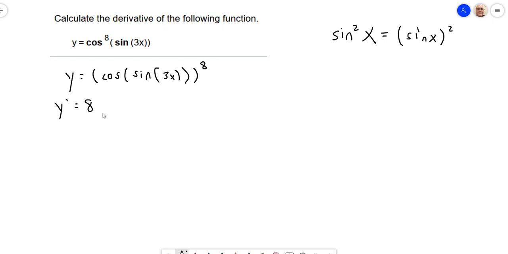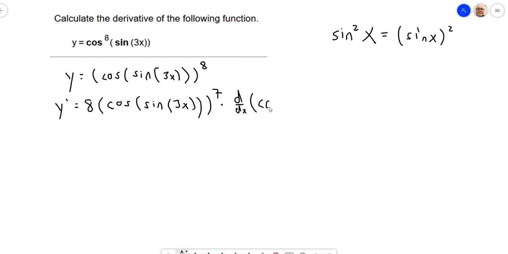So that's just going to be 8 times the cosine of the sine of 3x, and we reduce that power by 1, times the derivative of the inside with respect to x. Since I don't know what it is right now, I'm going to just leave the derivative there, so that way I know I still need to take it.